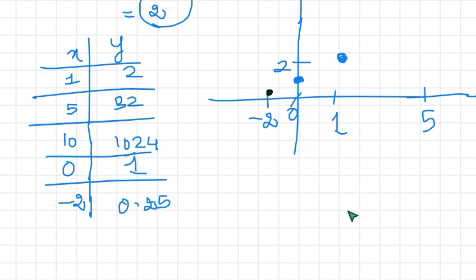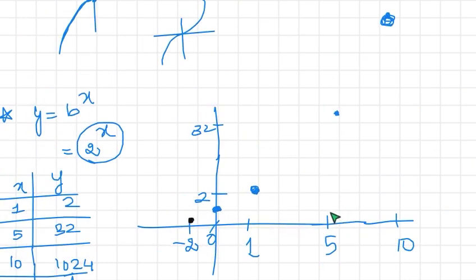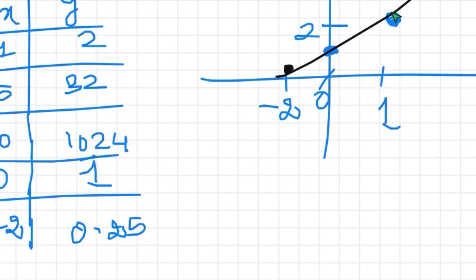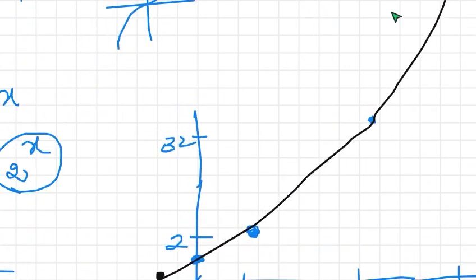Yep. So what do we need to do after plotting these points? Trace them. Yeah, join those. So this is an exponential graph, it will be like this.